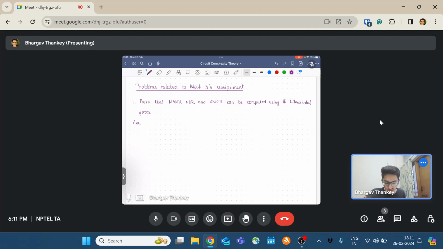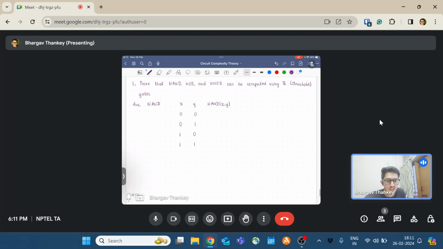Let's start with the NAND gate. The truth table of the NAND gate looks like this, right? NAND is the negation of AND, so it's going to be 1 only when AND is 0.